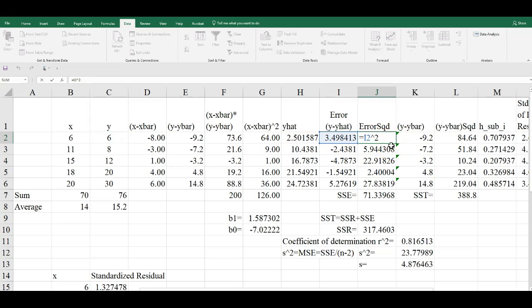Next, you square that error number, and you take the sum. And this is literally the sum of squared errors. Next, you take the actual y value and subtract the average of the y values. You square that deviation, and you take the sum of those square deviations, and that is your sum of square total.